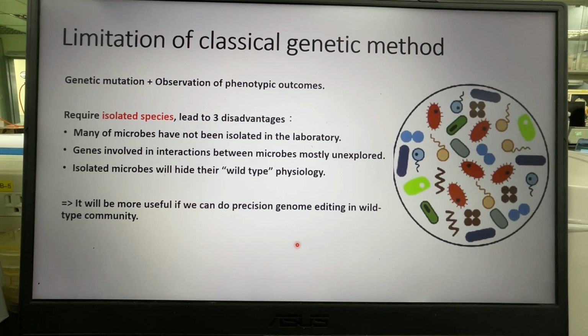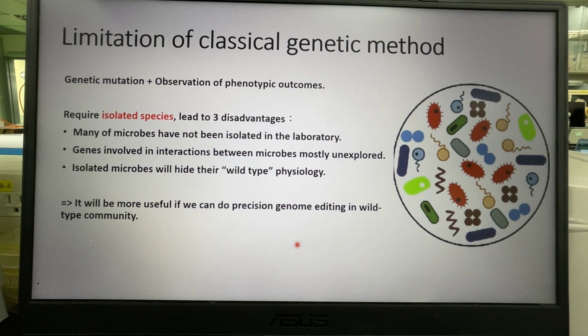The problem classical genetic methods face is genetic mutation and observation of phenotype outcomes. To do classical genetic editing, we have to isolate species, which leads to three disadvantages.